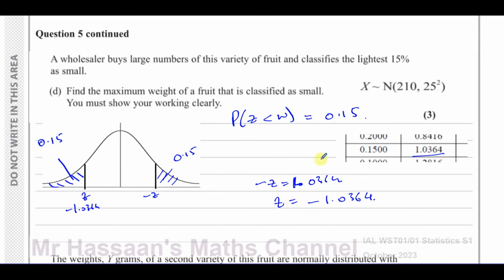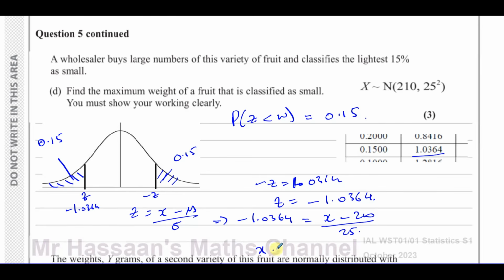So we can now find the maximum weight by using our formula. Z equals x minus mu over the standard deviation. So we know z now is minus 1.0364. That's equal to x, which we have to find, minus mu, which is 210, over 25.